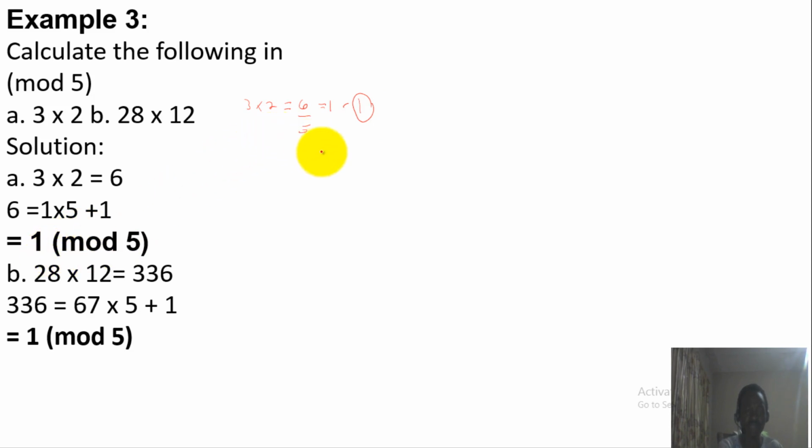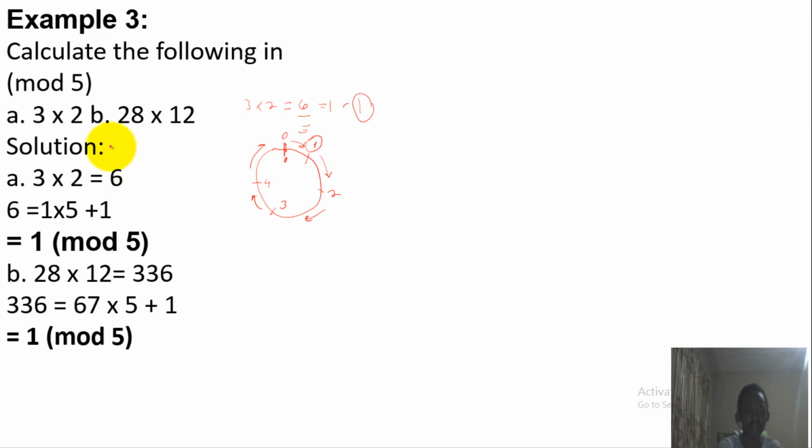Or you can decide to use the chart, but it's good to start with this, and don't use this in the exam because there won't be time for all these. Therefore, it's moving 6 times: 0, 1, 2, 3, 4, then go back to 0, then 1.